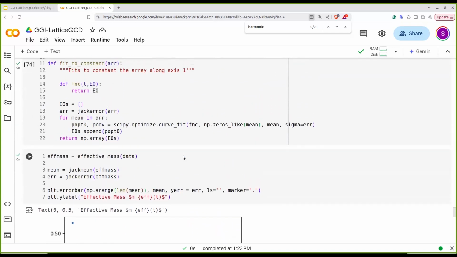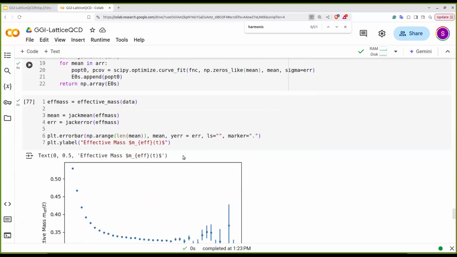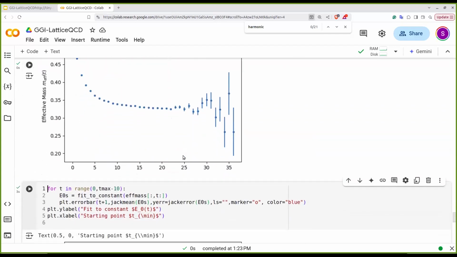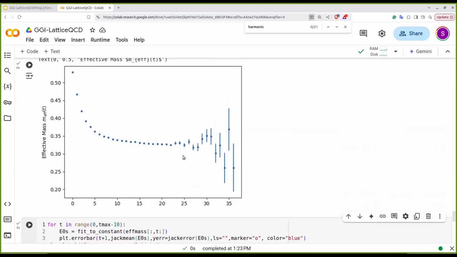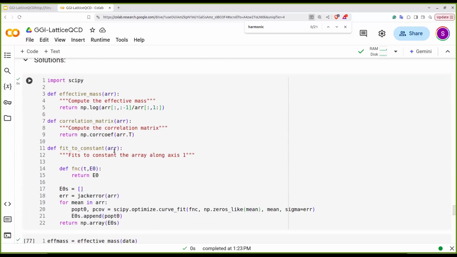The next task was to fit this to a constant. To do that, you can either average over the points, a weighted average, where you weight with the error, or you just use a fitting routine, like SciPy's optimize curve_fit.